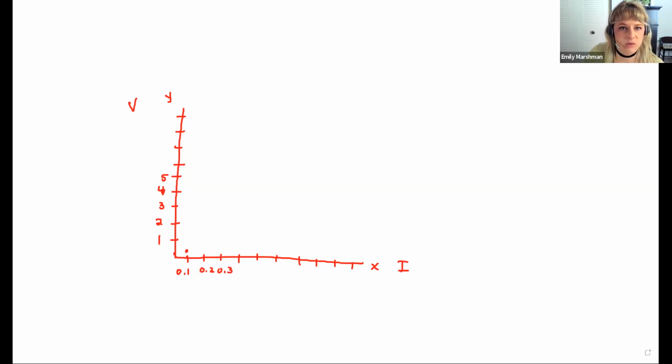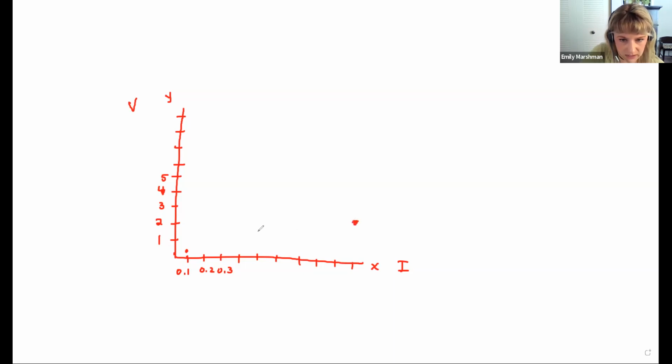The next data point we had was 2 volts and 2.5 milliamps. So it'll be 2 volts and then, however you make your x-axis plotted, it would be like all the way out here basically.